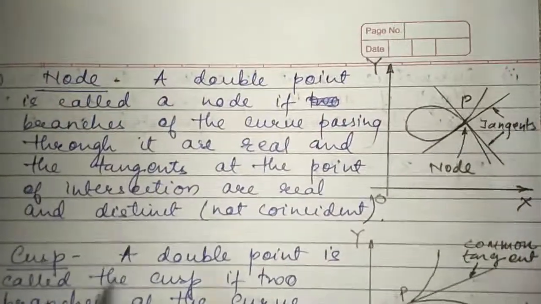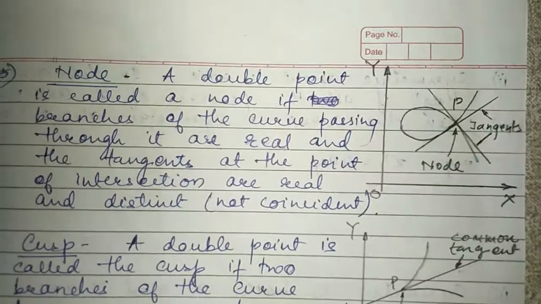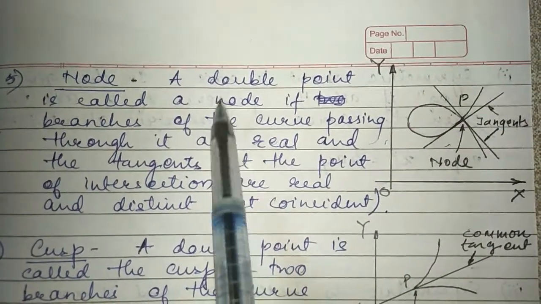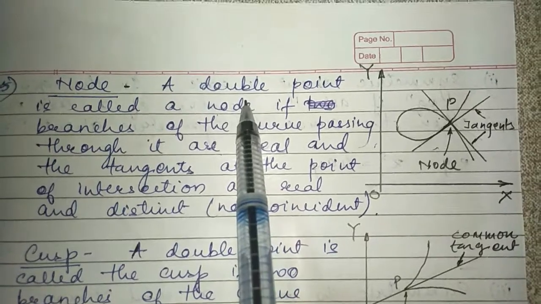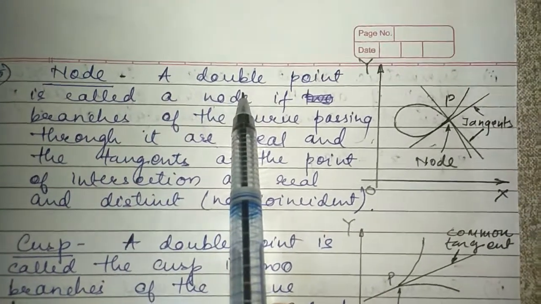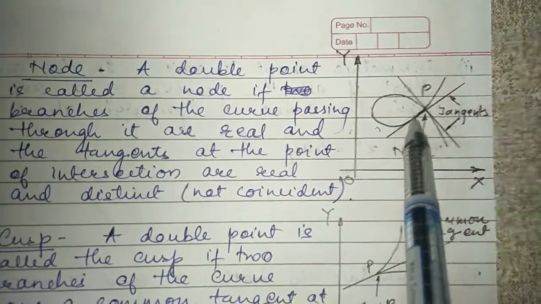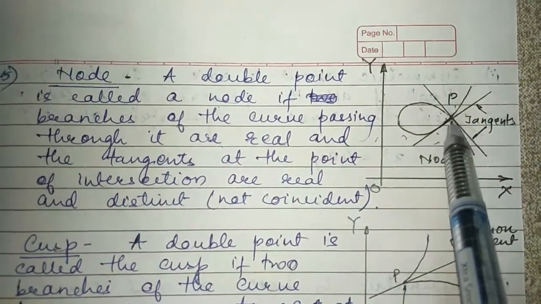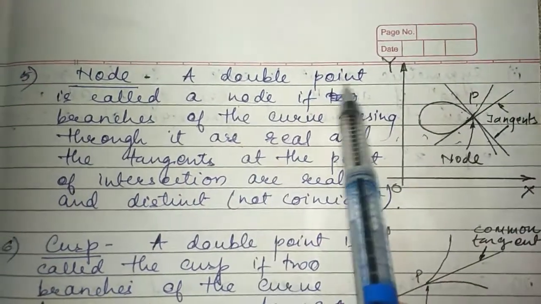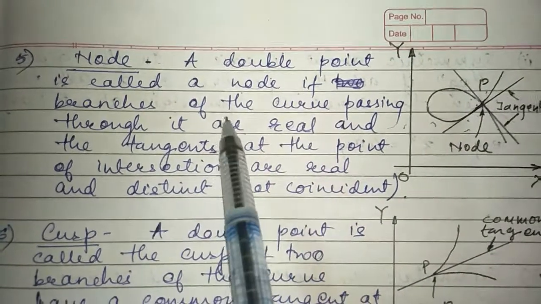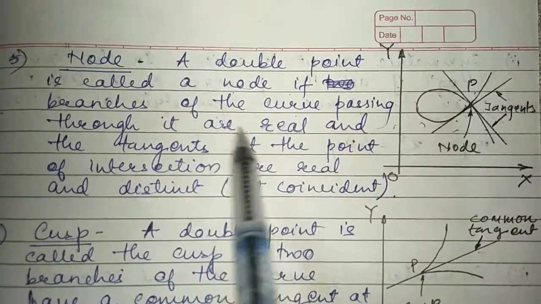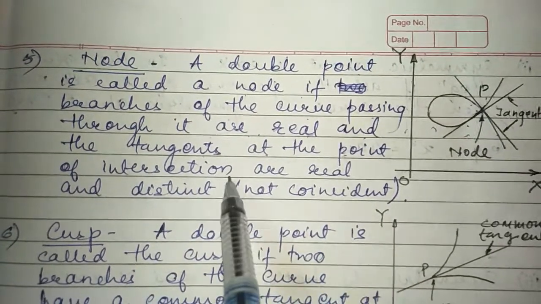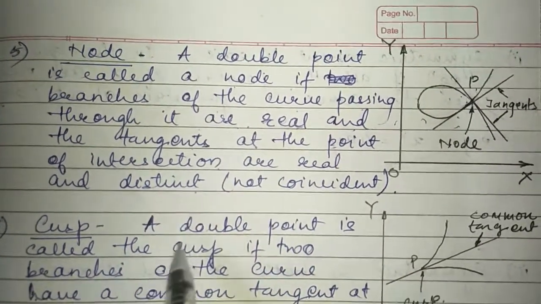Then we have the node. You can see the figure. We have this curve, a double point. Double point, that is two branches of the curve pass through the point. You can see here, this is one branch and this is the other branch. So this double point is called a node if branches of the curve passing through it are real and the tangents at the point of intersection are real and distinct.